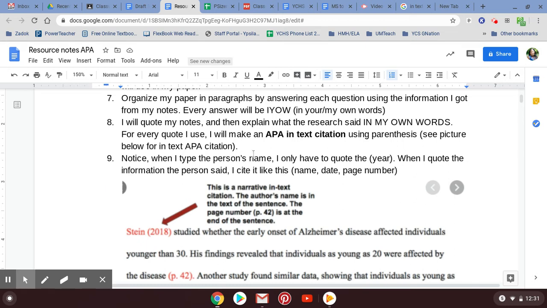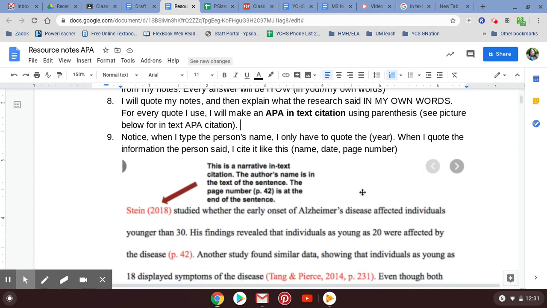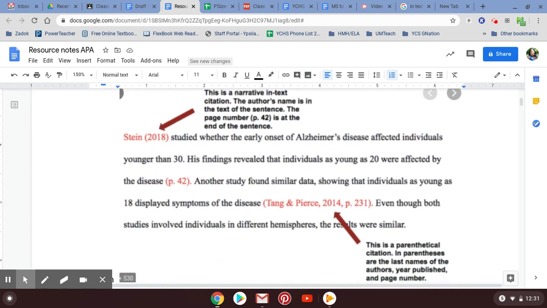When you use a quote, you're going to make an APA in-text citation. I have a picture. Don't panic. Or if I say, Sizemore said in 1929, and then I would have to write the quote, because I said 1929, I don't have to do the year, but then you cite it. So here's your example. Notice, Stein studied the early onset of Alzheimer's disease.